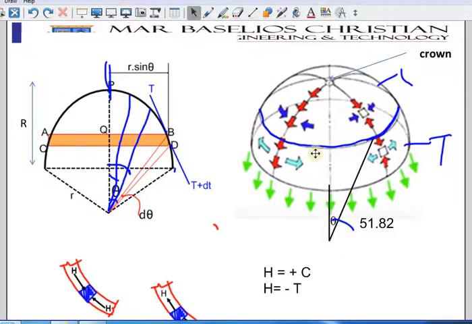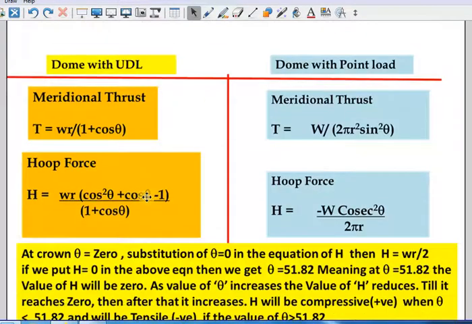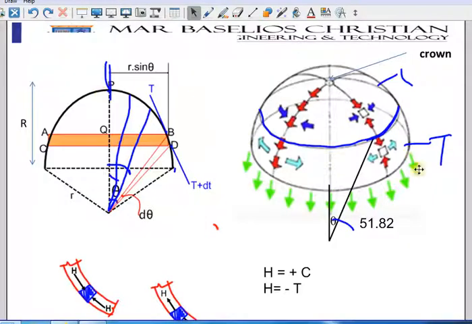at this particular point where theta is 51.82, above this it is compression and below this it is tension. Because compression is positive, it has to reach 0 and then it will be negative, correct?